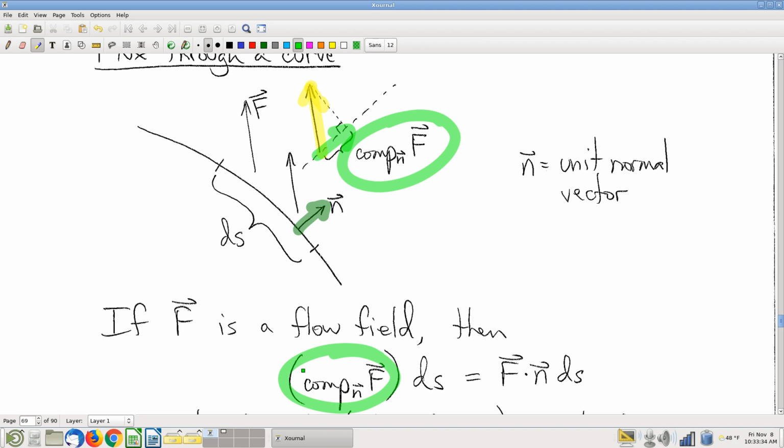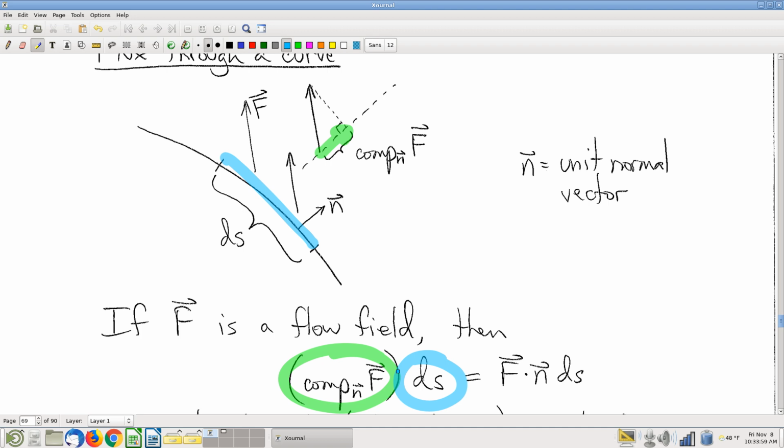I think that's a pretty easy pitch. More perpendicular component, more flux. Analogously, the length of the curve. Bigger curve, more stuff. Again, I think that's a pretty easy pitch.